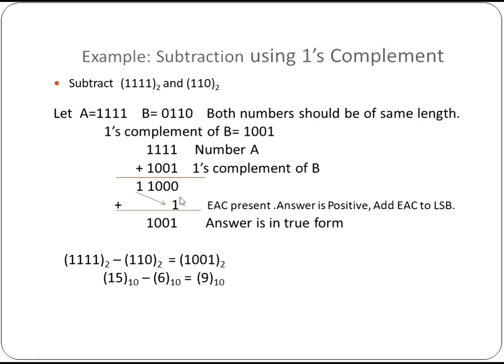Add this carry to LSB. So you will get answer 1001. So finally you can write like this: 1111 binary minus 0110 binary equal to 1001 binary. If you convert to decimal, this is 15, this is 6, so answer is 9, which is correct.